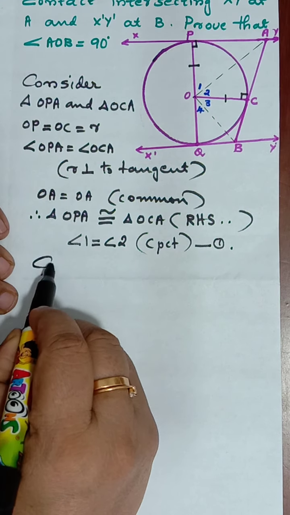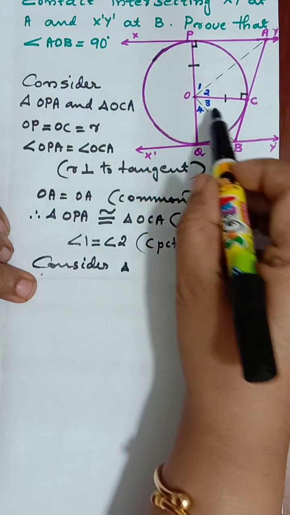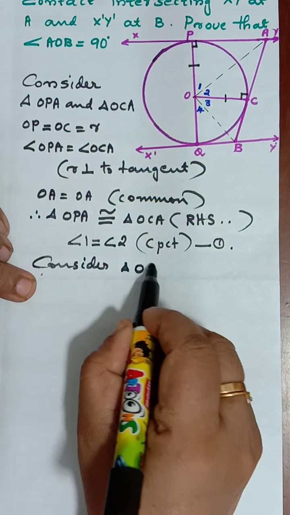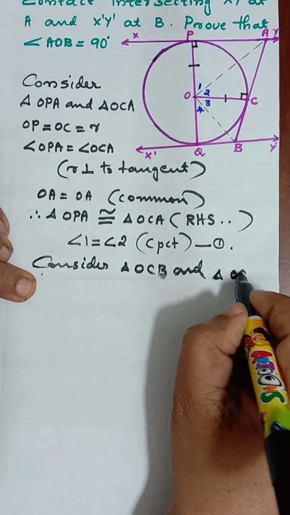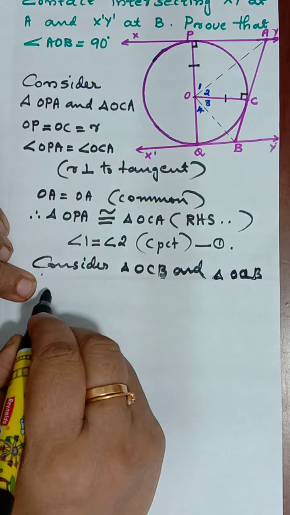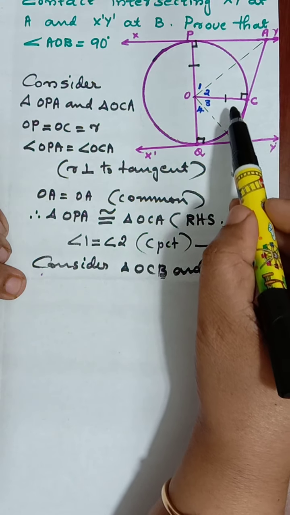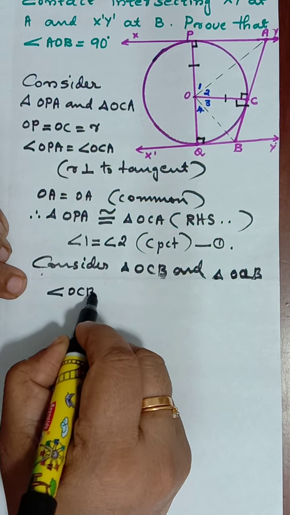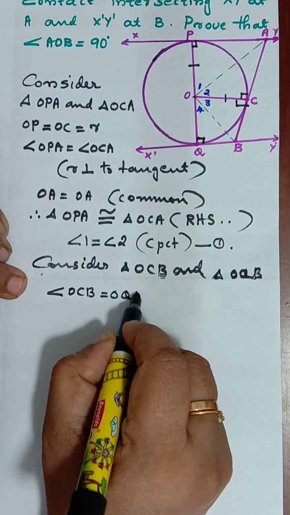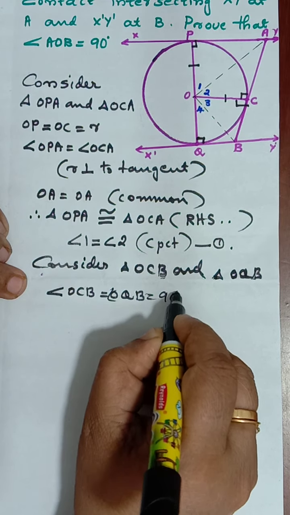Okay. So, we have to consider triangle OCB and triangle OQB. Similarly, here what all things are 90? Angle OQB 90, angle OCB is also 90. Angle OCB is equal to angle OQB equal to 90 degree.